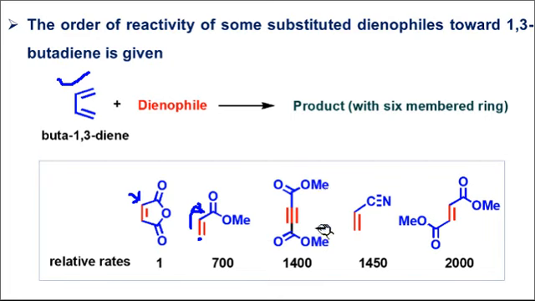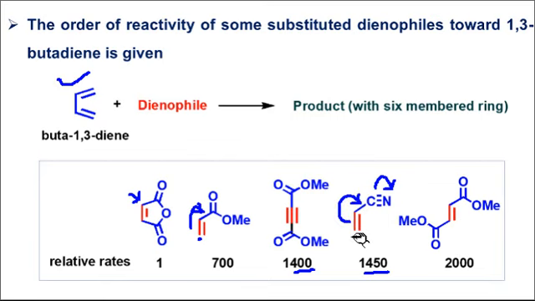In this case, two acceptor groups are attached at the terminal of this alkyne system, so the rate will be very high. It will become more electrophilic compared to this one. Whereas this is acrylonitrile. In this case, the electron flow is towards the nitrogen atom by resonance like this.